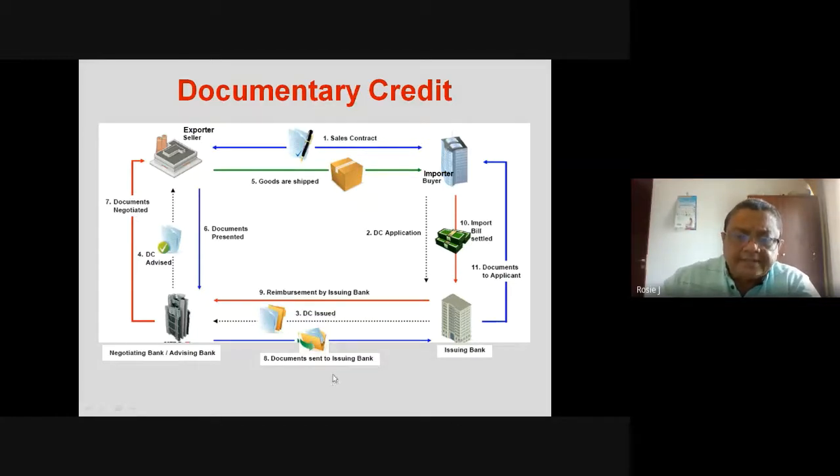Then what happens is, now he goes and tells the HDFC bank to issue an LC to the Sri Lankan guy. But here there is a small difference.